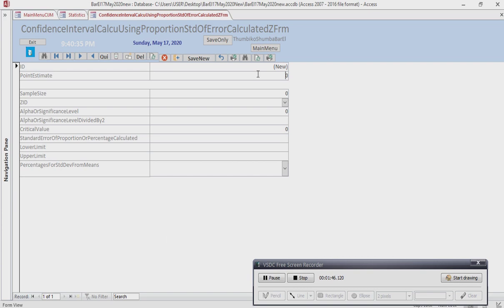Point of estimate in this case, which is the mean, is 0.664286. Sample size is 150.